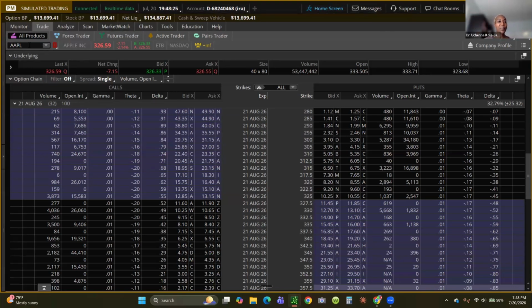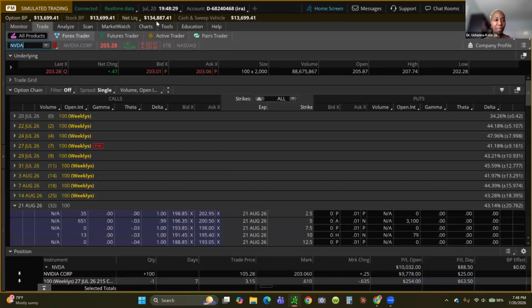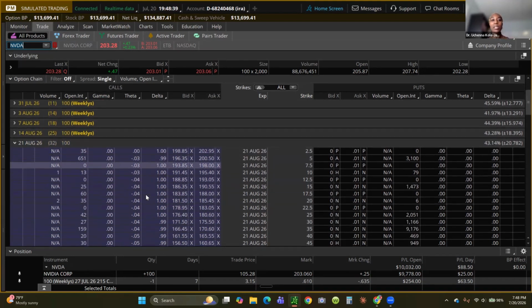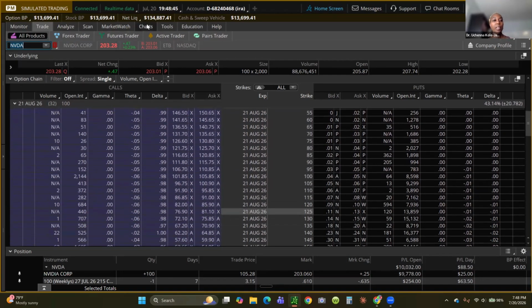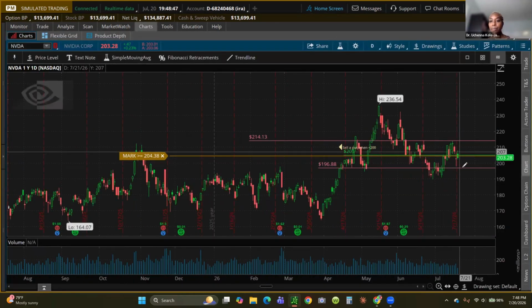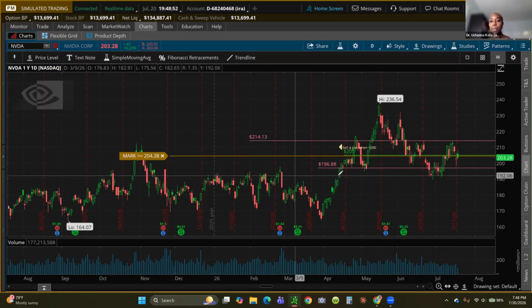Much appreciated. Okay, so like NVIDIA, for example. I always bring up NVIDIA because I love it so much. Right now, the stock is trading at 203.28. That's what the price was when the market closed at 4 p.m. If I look at the chart, let's say I think NVIDIA is going to go up.